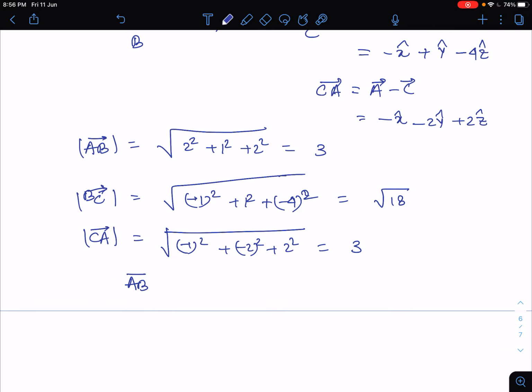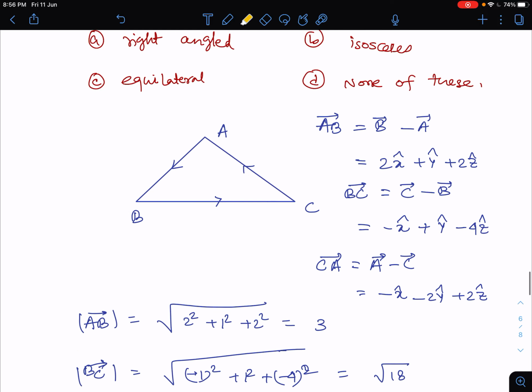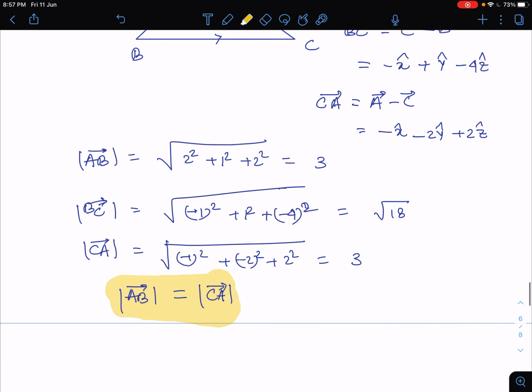So mod of AB is same as mod of CA. So from this you can determine that the triangle is isosceles.